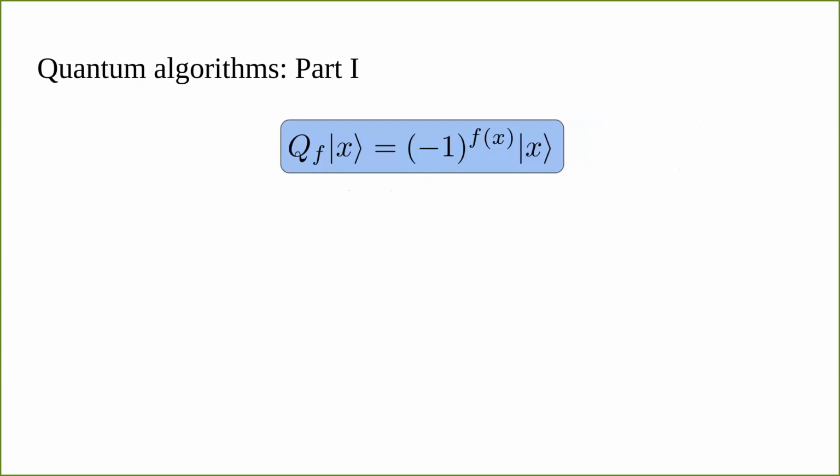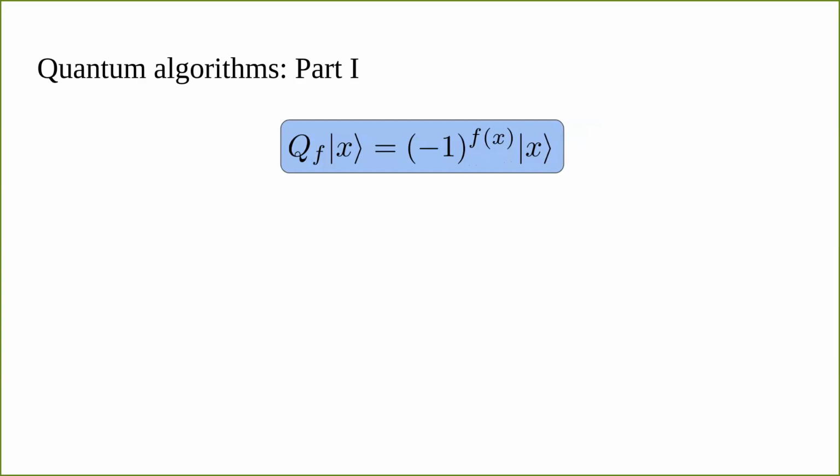We'll use the following, which is sometimes called the phase query. So Q sub f is the query. It'll act on a quantum state |x>, where x is either 0 or 1, and it'll do something that doesn't even make sense in the classical case. It will apply a phase to the qubit, where the phase is given by -1 to the power f of x.